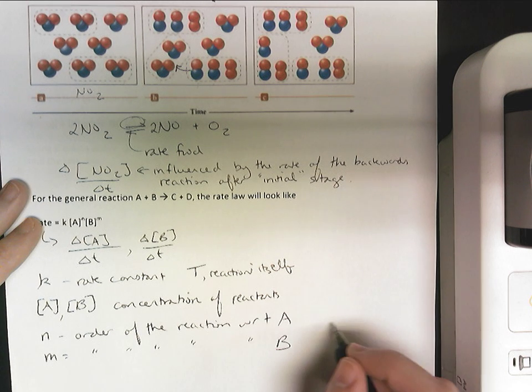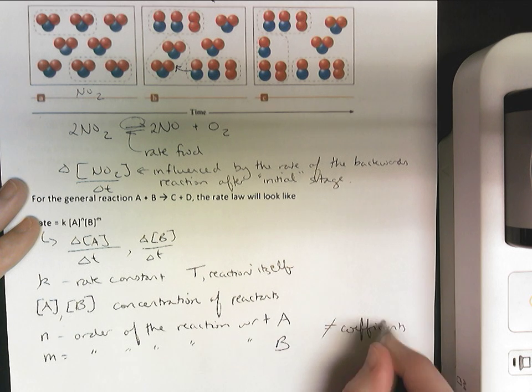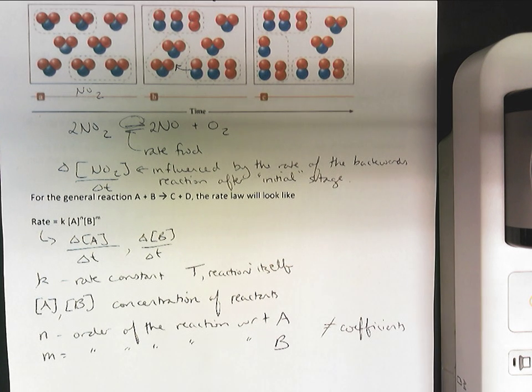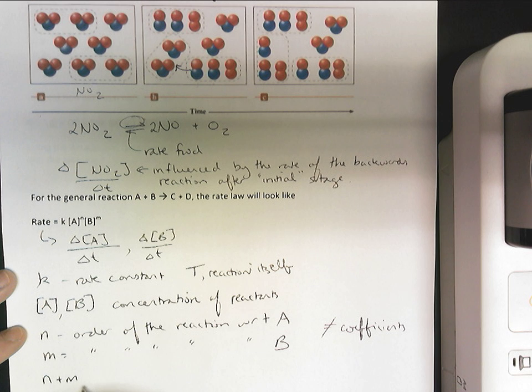Please do not think that they're coefficients. Those powers show how the rate is dependent on the concentration of A and B, respectively. If I had like 5 reactants, with n, m, o, p, whatever, I would sum up all of them. The sum of all of those is called the order of the reaction.